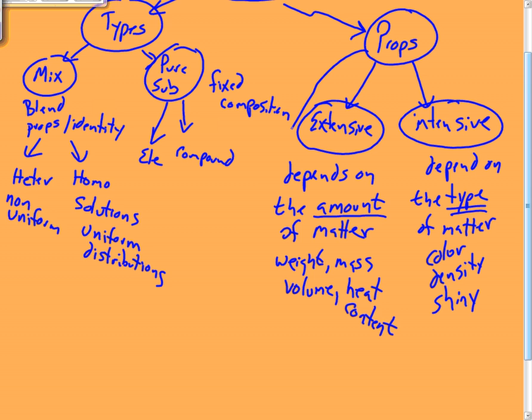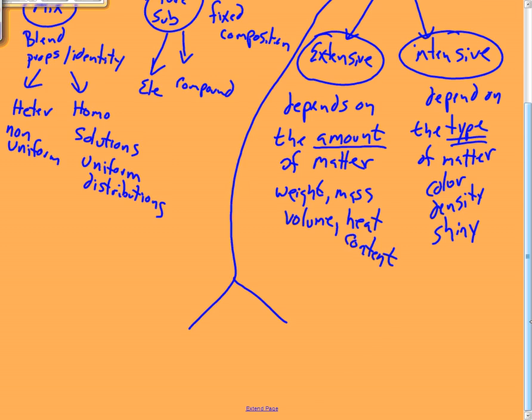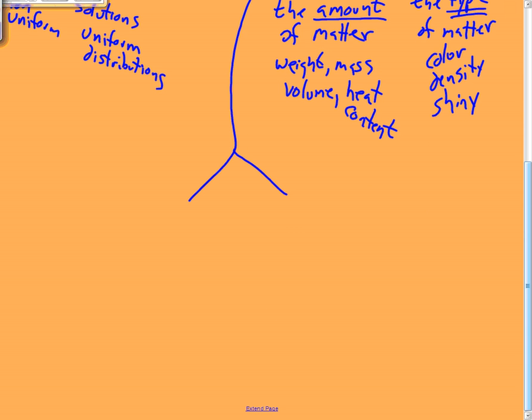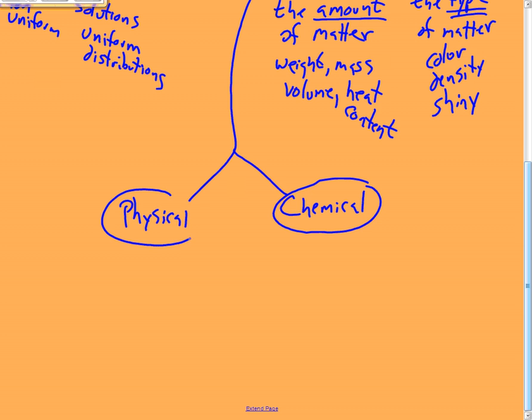We'll split this into two. We need to extend the page a little more, and we'll come over here and say we've got some chemical properties, and we have some physical properties. Okay, so what's the difference between a chemical property and a physical property?